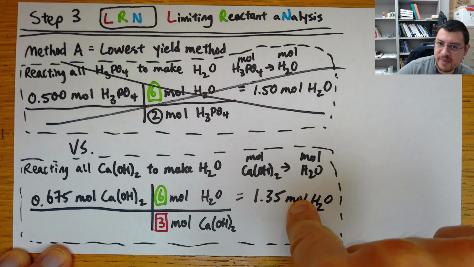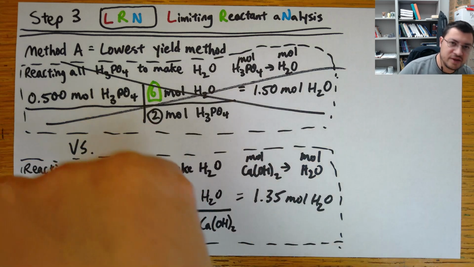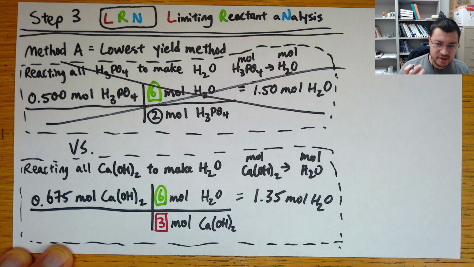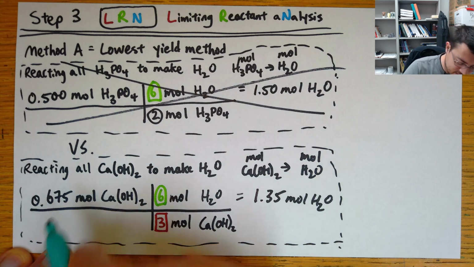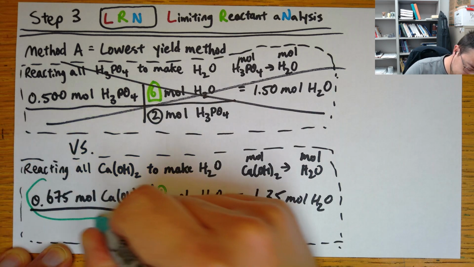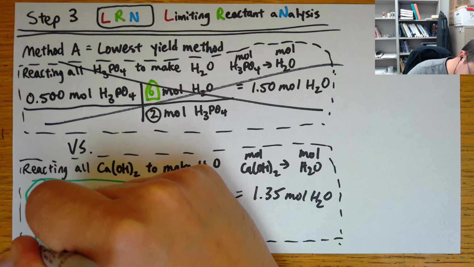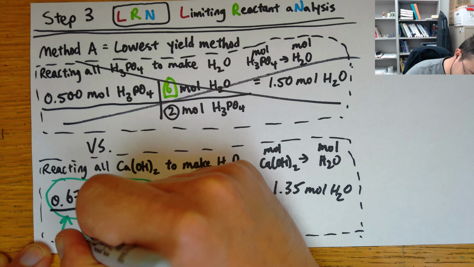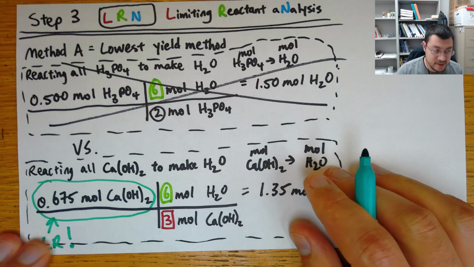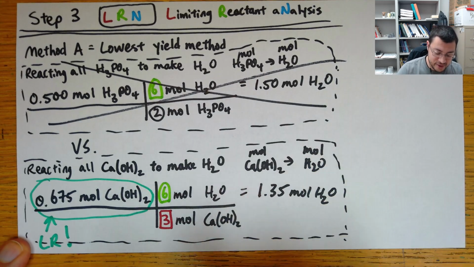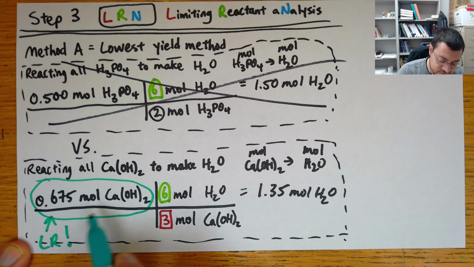That's how much stuff we make. It's limiting reactant. Reactant is one of the chemicals we start out with. So I like to circle it and point an arrow at it and go LR. And maybe put an exclamation mark there or something. All right, go crazy.